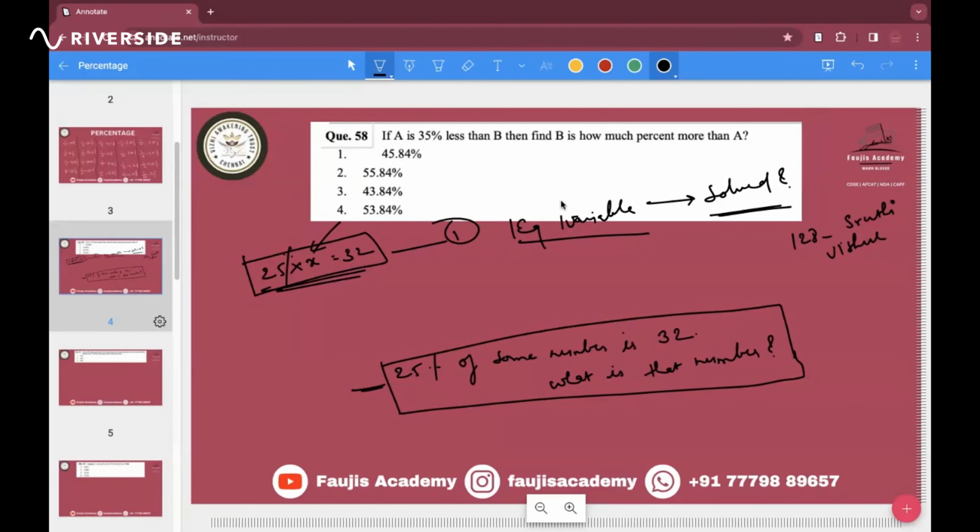Yes, Karan. Can we find out what is the value of x in this one? It's the same thing. Yes, sir.